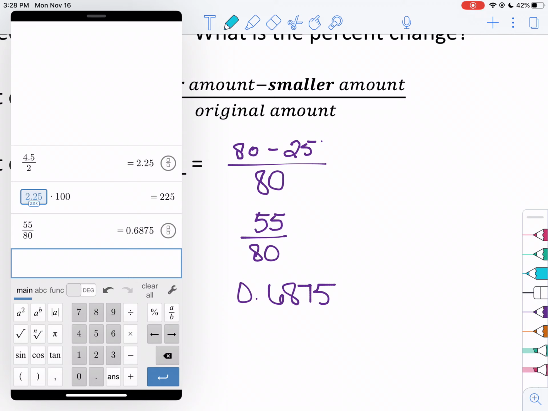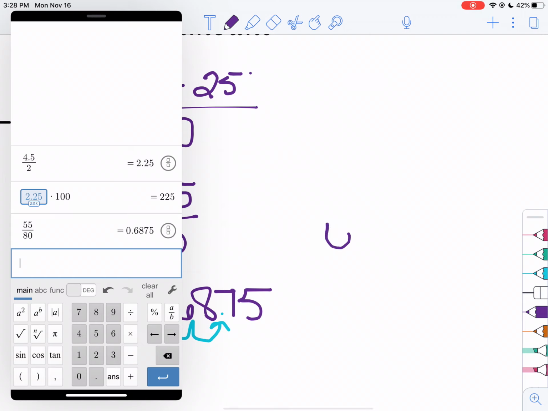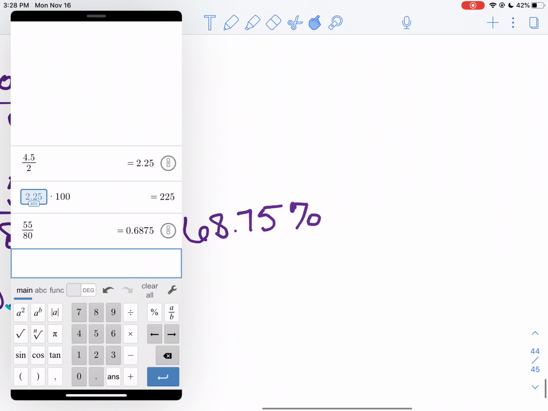So we're either multiplying it by 100 or moving the decimal place 2 places to the right, which gives us 68.75. 68.75% decrease.